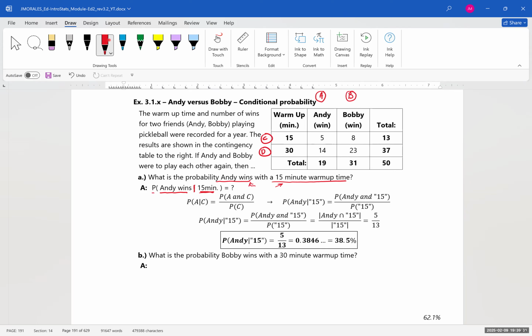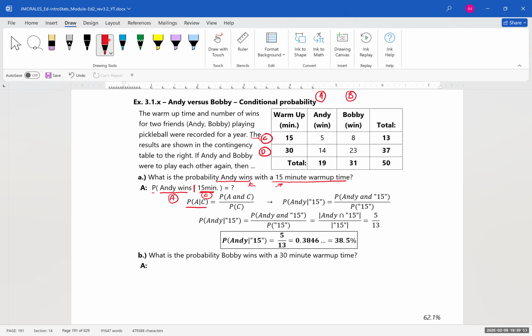We're labeling the event that Andy wins as event A, and the 15-minute warm-up time, that is event C. So we need to calculate the probability of A given C occurs first.